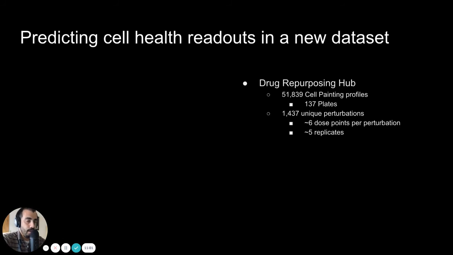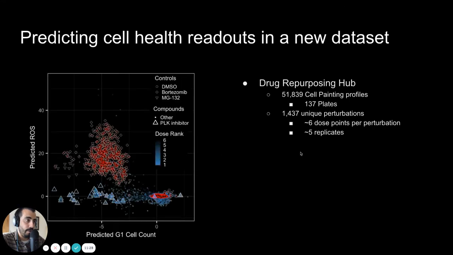These are compounds that are candidates to be repurposed for other diseases. It's a relatively large data set, with about 1,500 perturbations in different doses across at least 5 replicates. In the paper, we present a couple of anecdotes validating the generalizability of the transfer learning between the CRISPR perturbations and the compound perturbations, and this is just one of them.